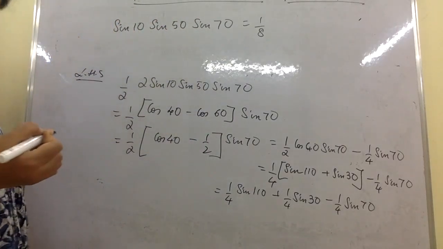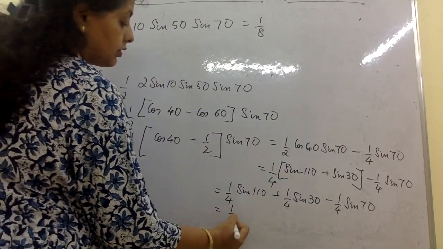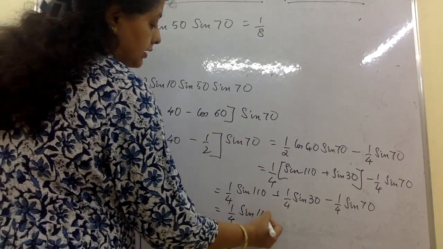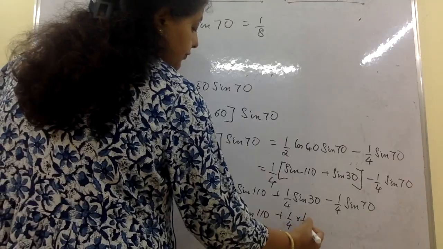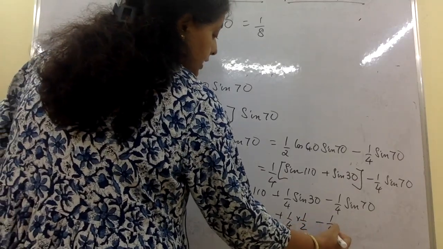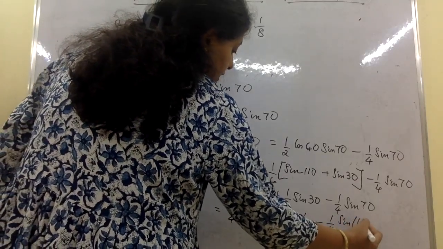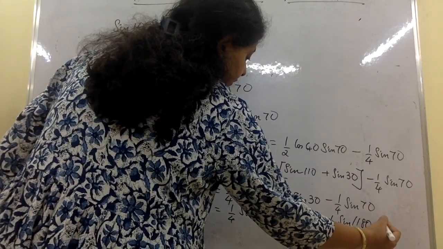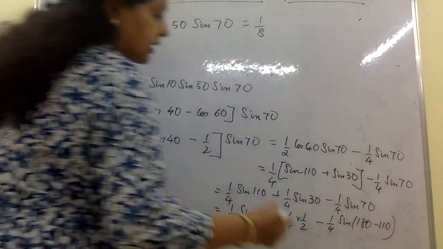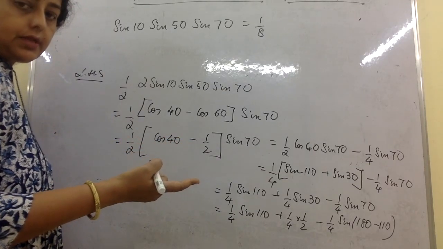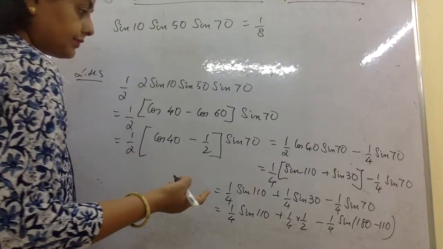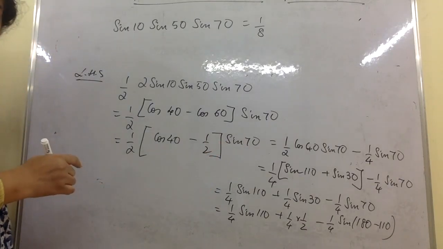Here 1/4 sine 110 plus 1/4 sine 30 is 1/8, minus 1/4 sine 180 minus 110. Sine 180 minus 110 is a sine 110, and it is positive also.